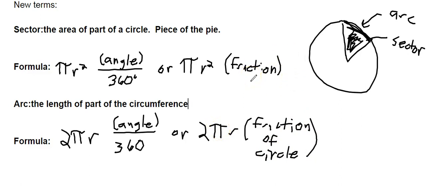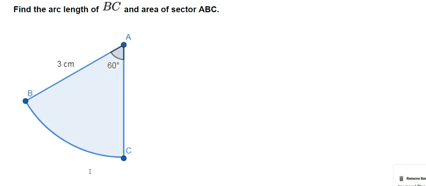Let's take a look at a couple examples, and it should be a little clearer. Here we want to find the arc length of arc BC and the sector of ABC. First thing I want to let you know is that when you see this symbol right here, that little symbol means arc.